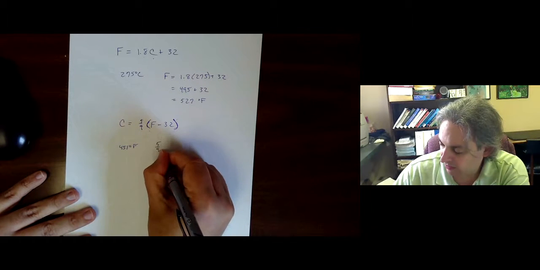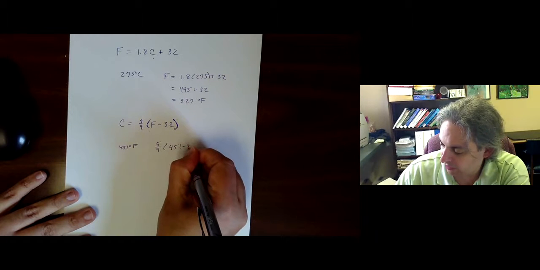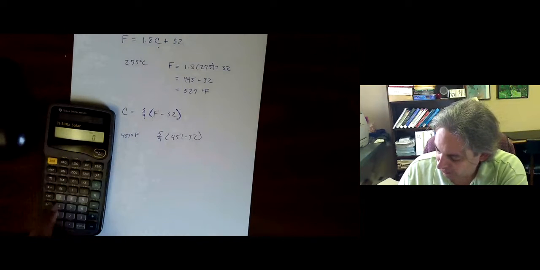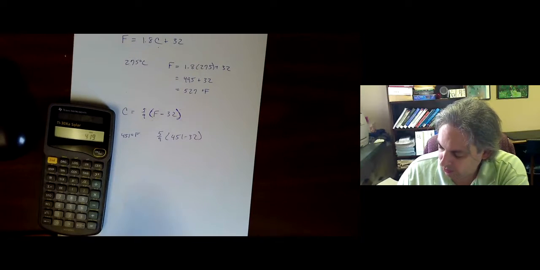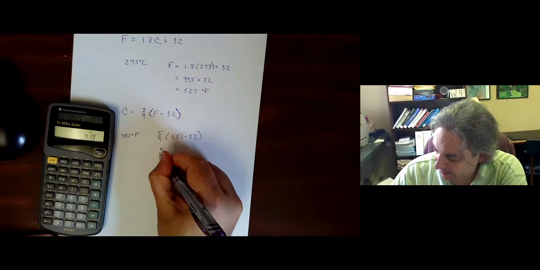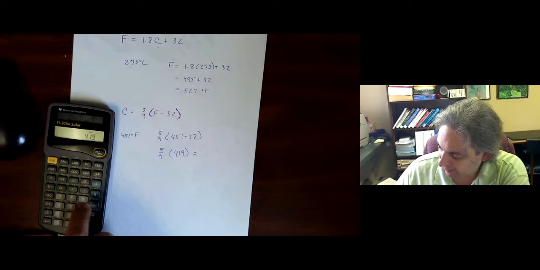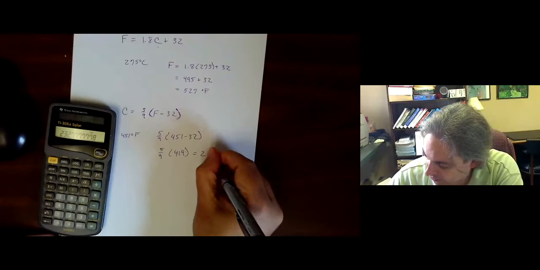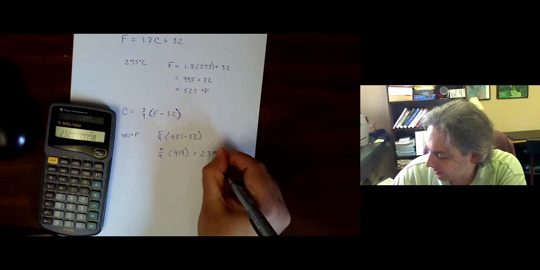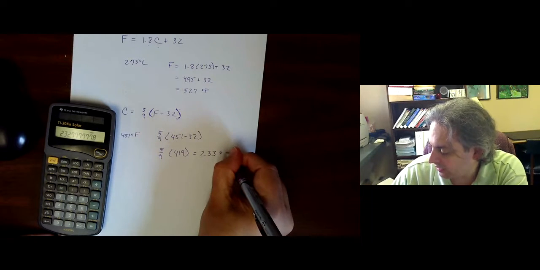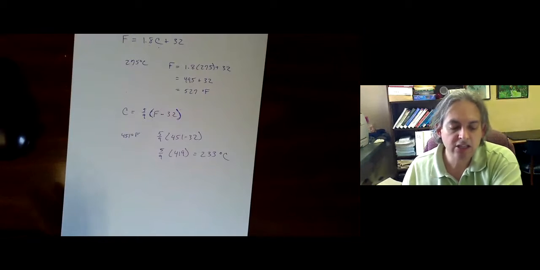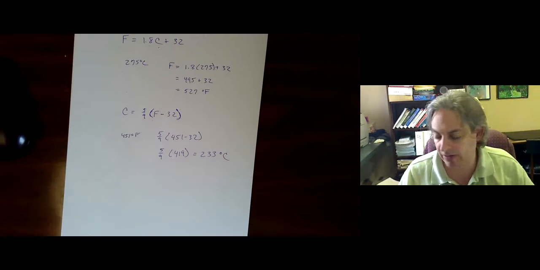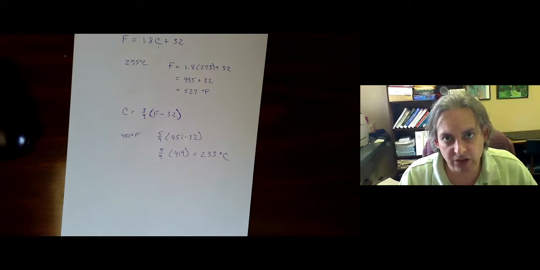We just plug this into the formula, 451 minus 32. Again, this is in parentheses, so we need to do that first. So 451 minus 32 gives us 419. And then we multiply that by 5, and then divide that by 9, which gives us 232.777, or just 233, and this is degrees C. And so that's how you use the formulas for Fahrenheit to Celsius and Celsius to Kelvin. Now what about if you had to go from Fahrenheit to Kelvin?